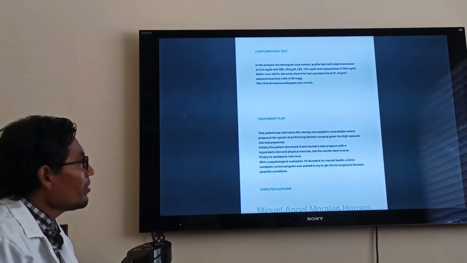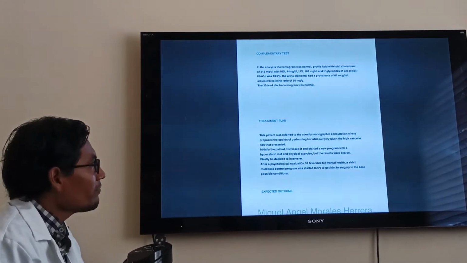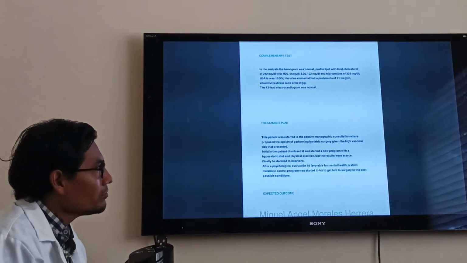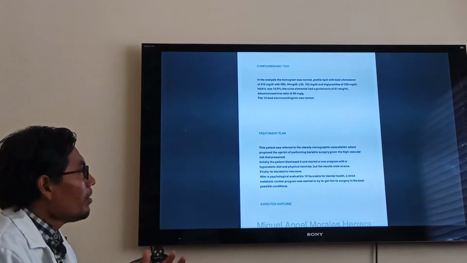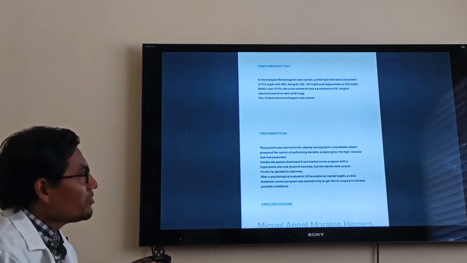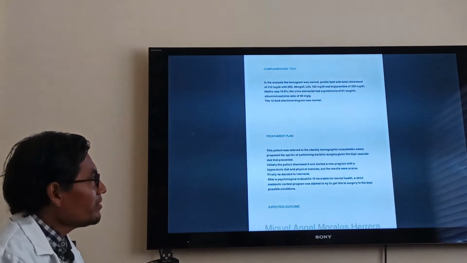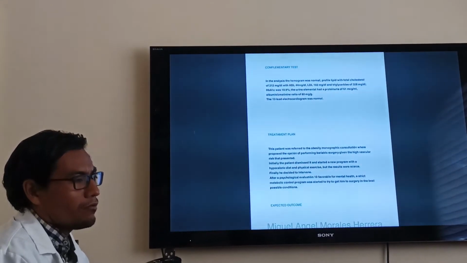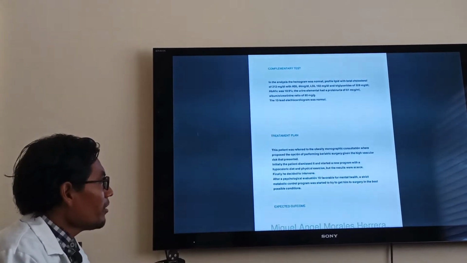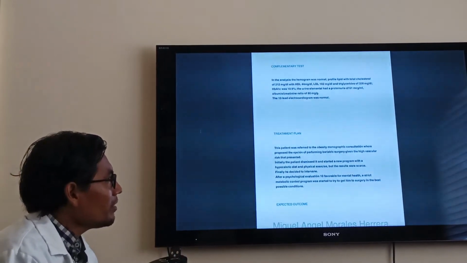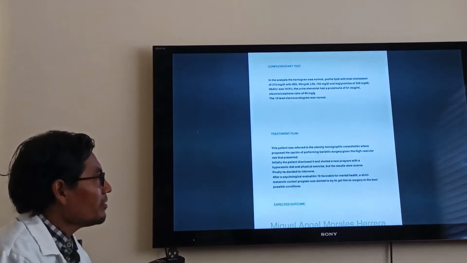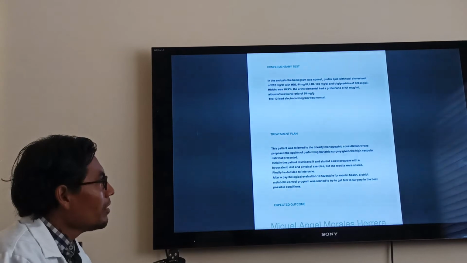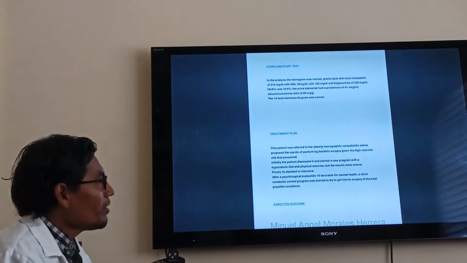About the treatment plan, this patient was referred to the obesity monographic consultation, where the option of performing bariatric surgery was raised, given the high vascular risk that he presents; it is a good option for the patient. Initially, the patient started a new program with a hypocaloric diet and physical exercise, but the results were scarce.